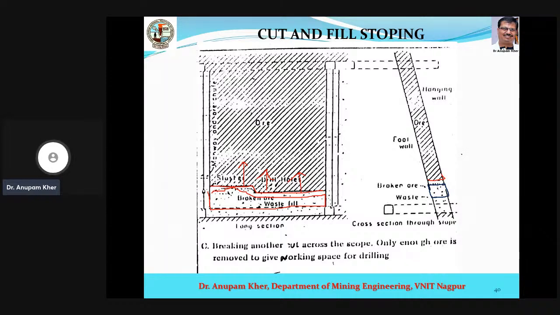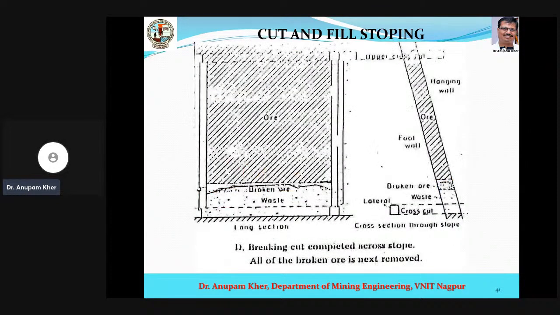And this fill material is basically for supporting the walls, as this method is suitable for weak strata. The important factor here in cut and fill is that the ore should be competent. The walls and the surrounding strata in footwall and hanging wall can be less competent, but the ore should be competent. That is one of the requirements for cut and fill.